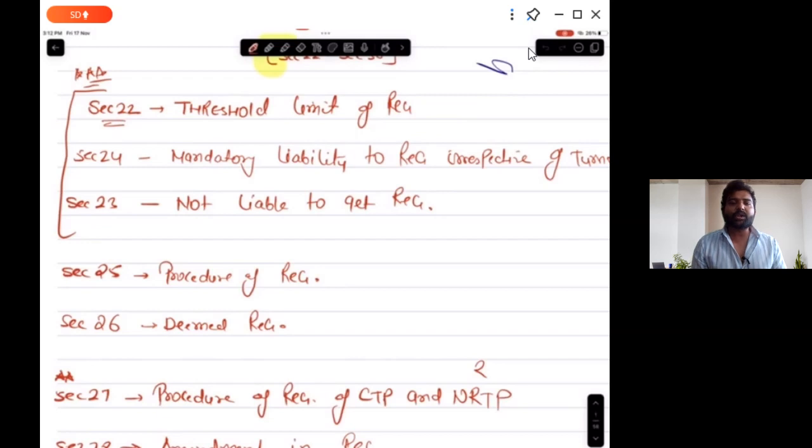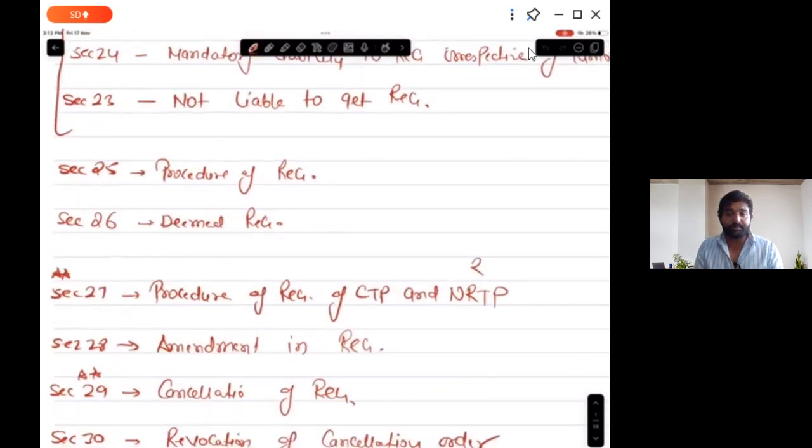We also have section 23, which gives a list of those persons who are not liable to get registered under GST. We have section 25 for the procedure of registration, that is, how to proceed for any registration. Section 26 talks about the deemed registration process. It's very easy.